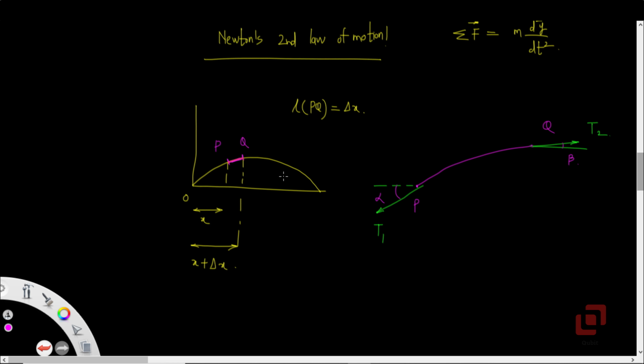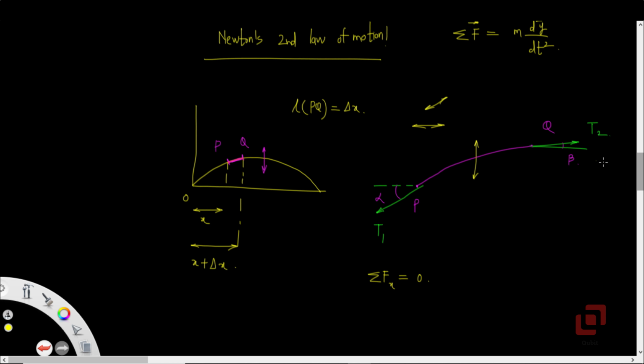This particular string is going to vibrate entirely in this particular plane, or the plane of the screen. So there will not be any longitudinal vibrations, nor vibrations in the plane perpendicular to the plane of the screen. In short, the vector sum of the horizontal components of these two forces will be equal to 0.